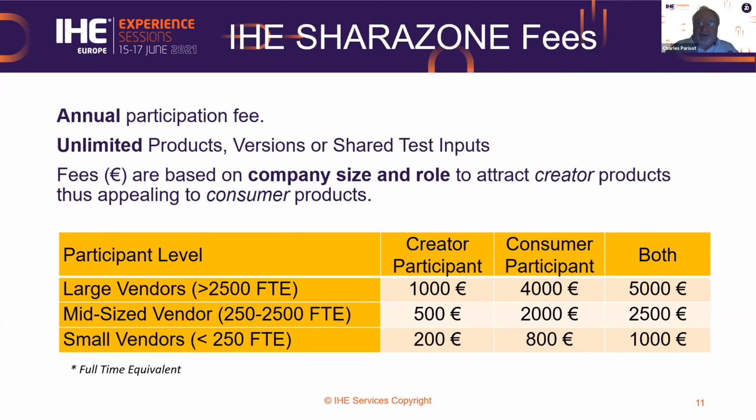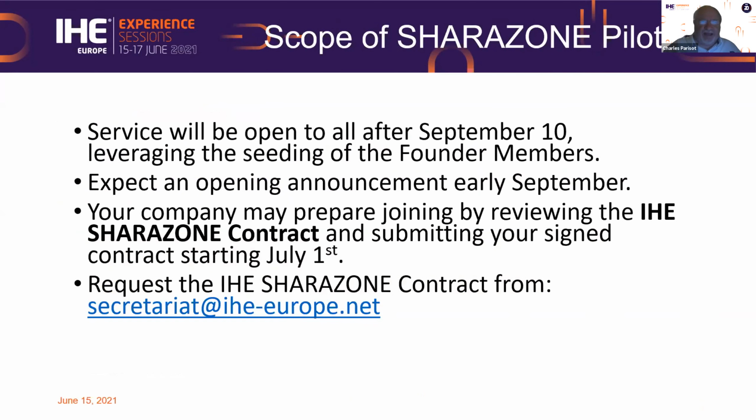And you see that if you're a small creator or a small consumer, it's below €1,000 a year to participate. You can register either as a creator participant in the first column, as a consumer participant, or as both. This is essentially the grid that will allow you to understand how much being a Shareazone member will cost you in yearly fee, and we expect participants to be there for a long time.